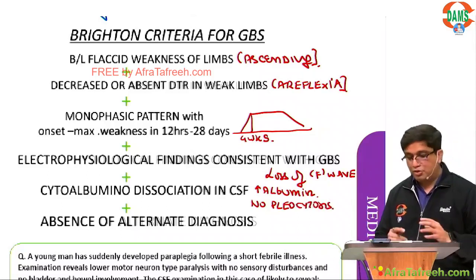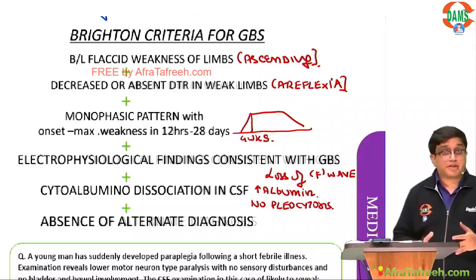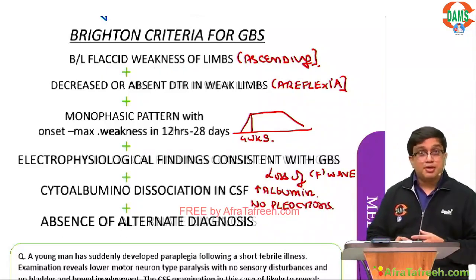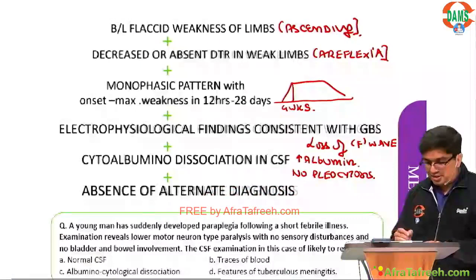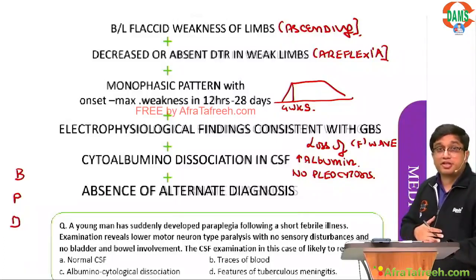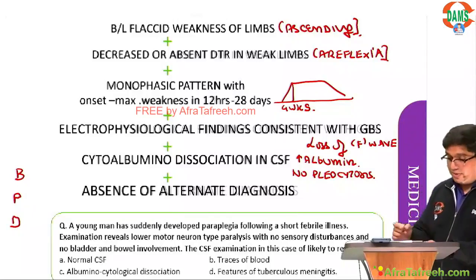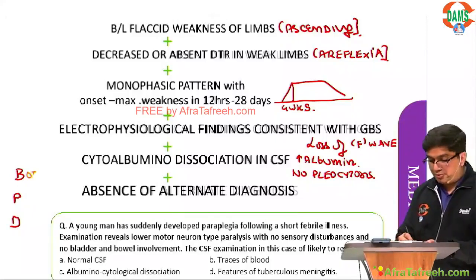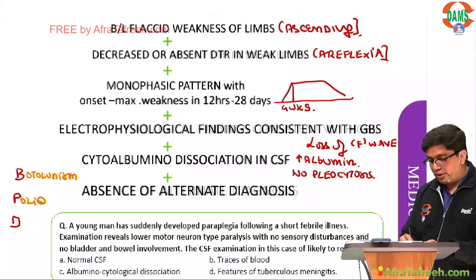And always rule out something which can mimic a Guillain-Barré syndrome, which can be what? If it is a descending paralysis, think about BPD. So there are 3 differentials that we keep in mind while evaluating a patient of GBS. B stands for botulism poisoning, P stands for polio, and D stands for diphtheria.